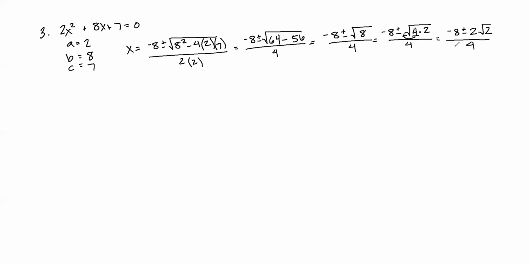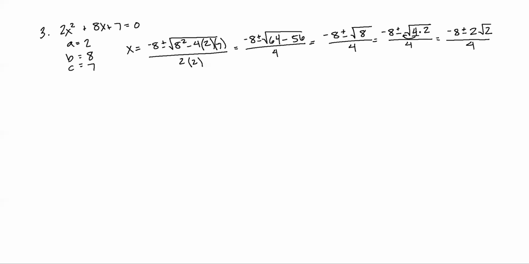And now this is one of those simplifying problems that we saw at the end of, I believe it was 10.5. Now I showed you two different ways to simplify. You can factor out on the top and then reduce, or reduce as is. Now, if you're reducing as is, which is what I'm going to do, you want to make sure that you're reducing from all 3 terms. And make sure you only reduce with the numbers outside of the radical.